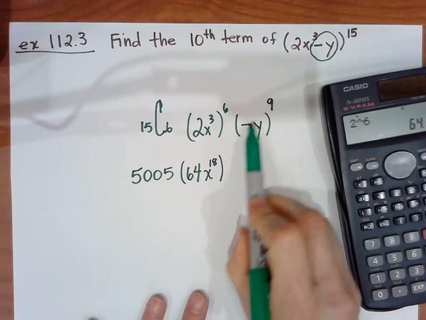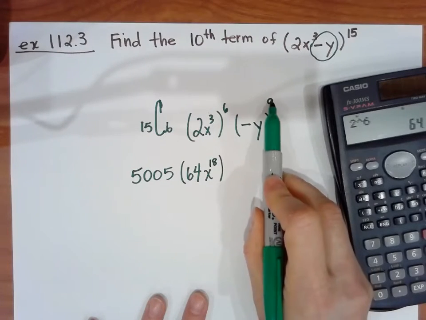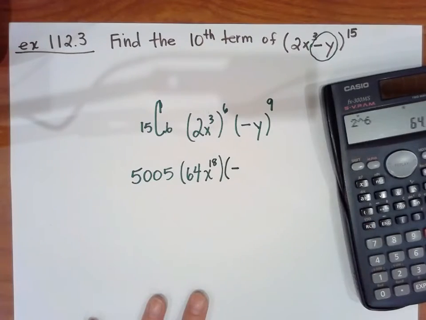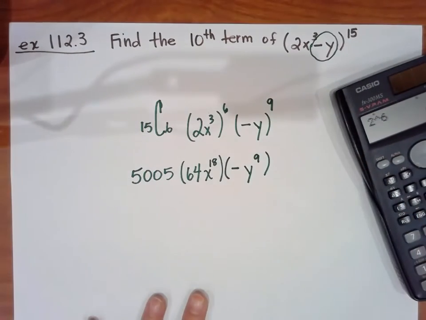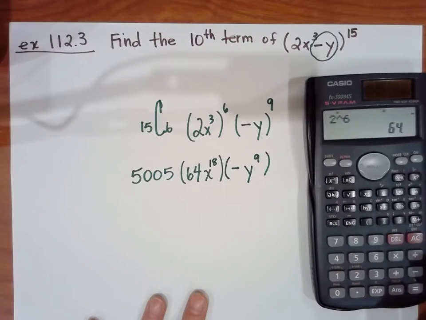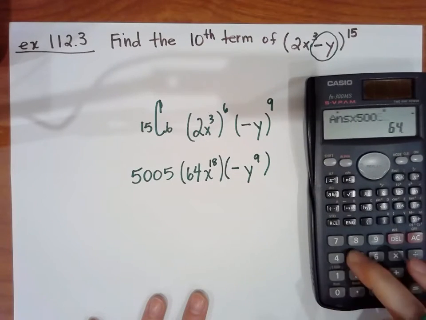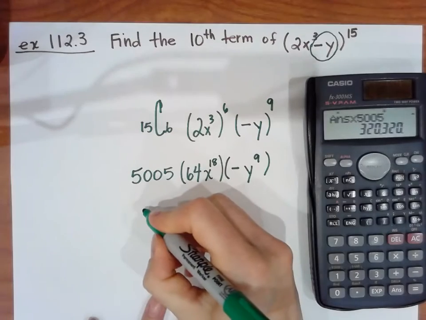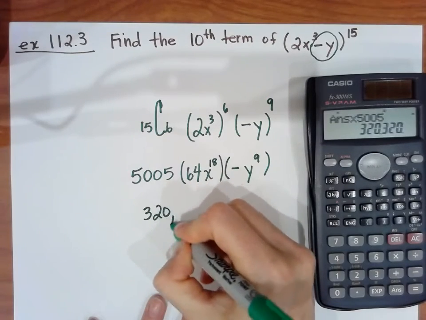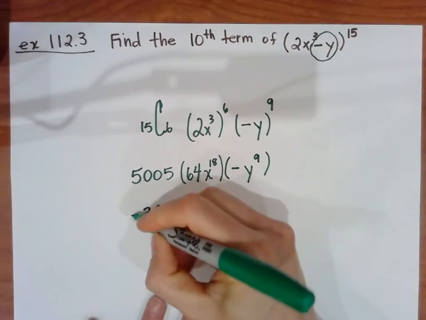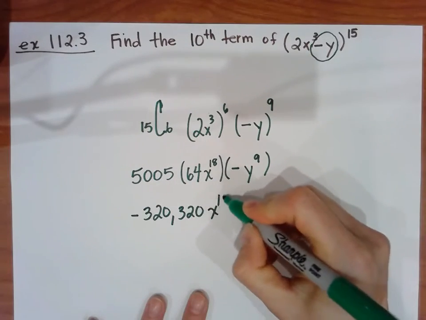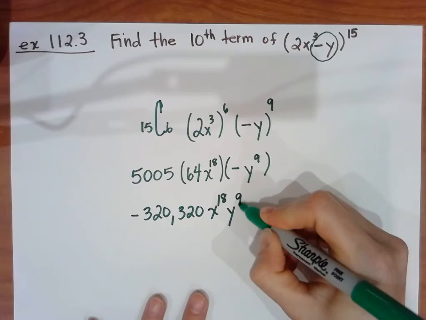Now we've got minus 1 to the 9th. Since that's an odd power, we'll get a negative value. And y to the 9th. So we need 64 times 5,005, which is 320,320. We get the negative from here. We'll have an x to the 18th, y to the 9th.